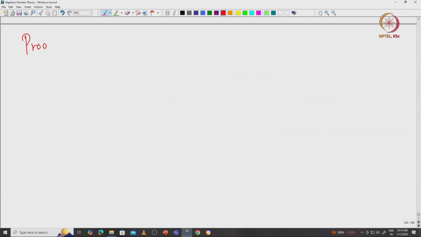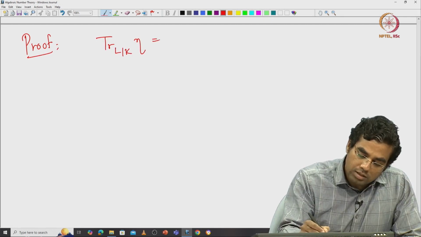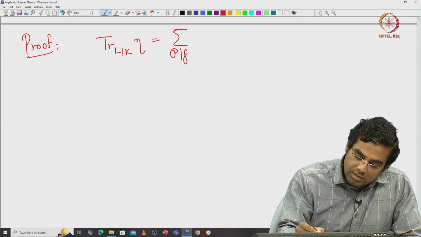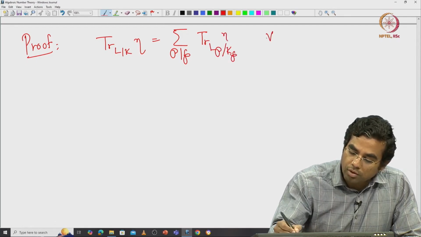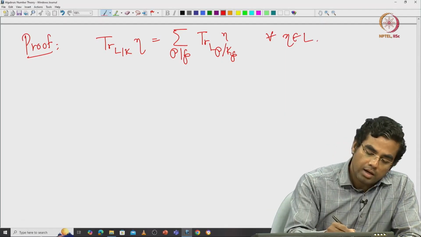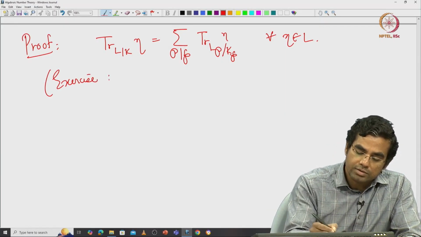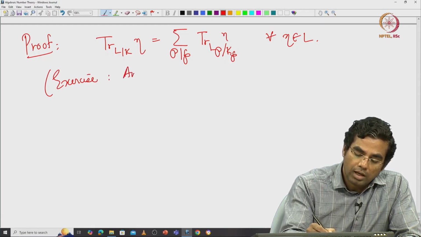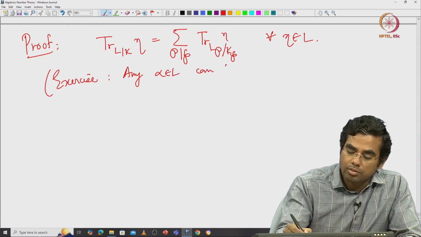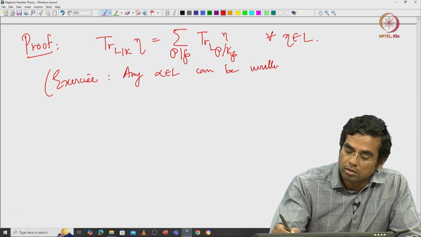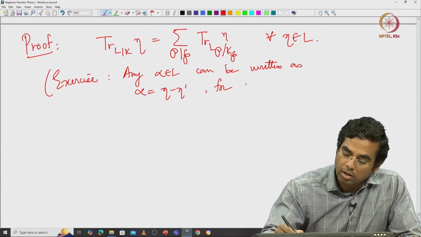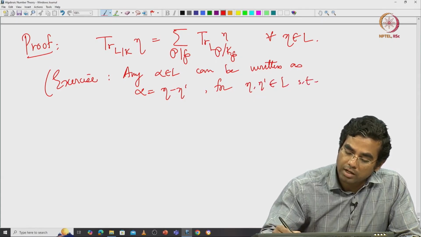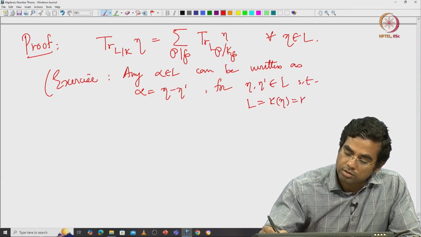We started the proof as follows. So, we said that the trace from L to K of eta is equal to the summation over all P dividing some fixed p of the trace from L_P to K_p of eta, for all eta in L. And for this I gave an exercise which said that any alpha in L can be written as alpha equals eta minus eta prime, for eta, eta prime in L such that L is K(eta) and also K(eta prime).